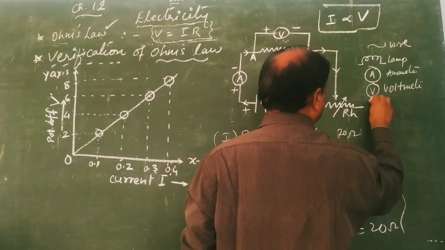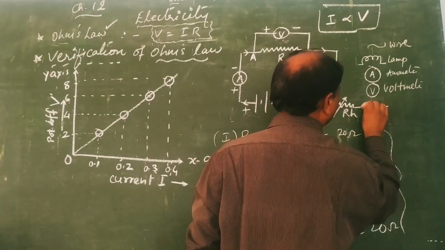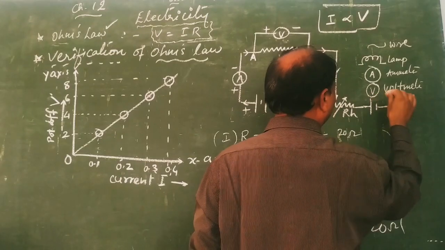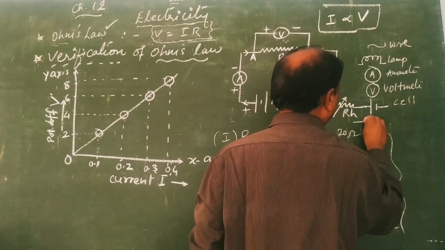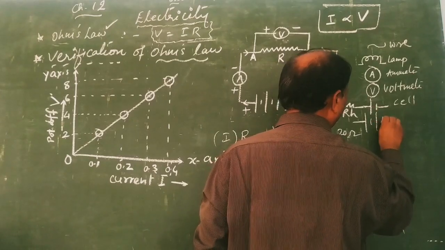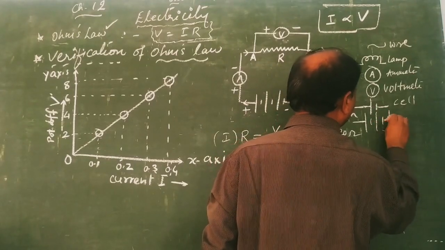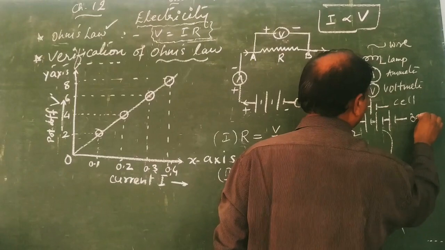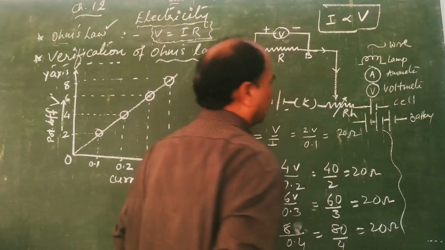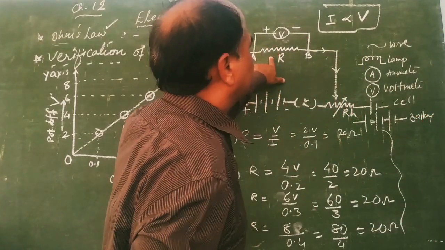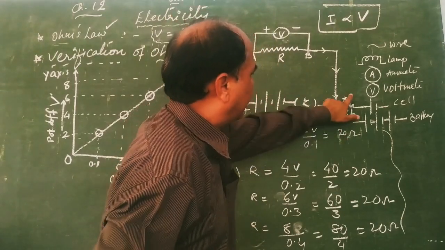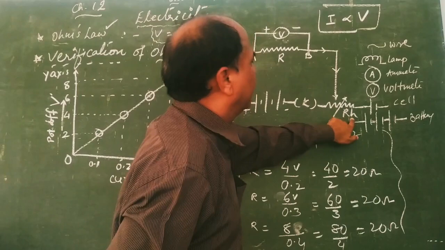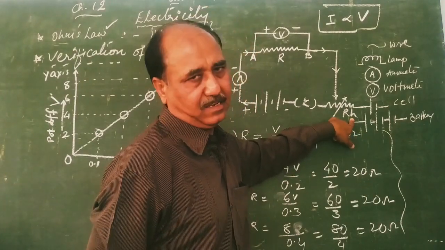A cell is shown with a single long terminal and a short terminal. This is called a cell. And when we join 2 or more cells, this is called a battery here. And resistance is shown by R, and the rheostat is shown with an arrow over the resistor, which is called a variable resistor.